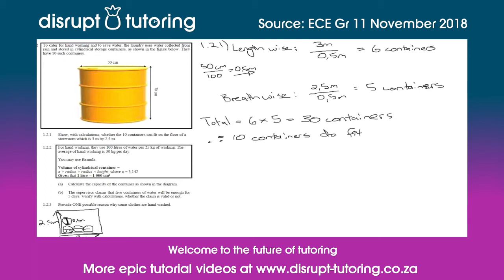So for 1.2.2a, we have that the volume of a container, and they've given us a formula for a cylinder. It's pi times the radius times the height.